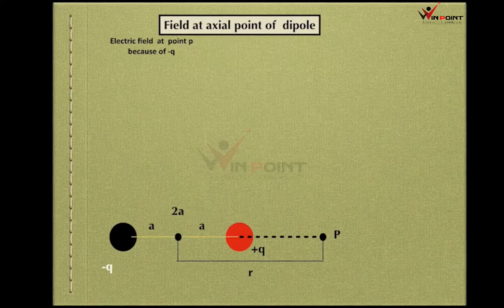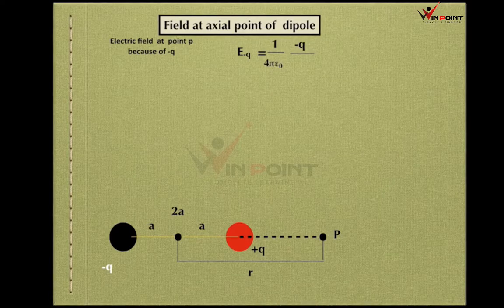First we are going to find the electric field at point P because of the charge minus q. What is the equation for electric field? E is equal to 1 by 4 pi epsilon 0 q by r square into r cap. Here, instead of E, we use E minus q, because the charge is minus q, equal to 1 by 4 pi epsilon 0 minus q upon, what is the distance here?